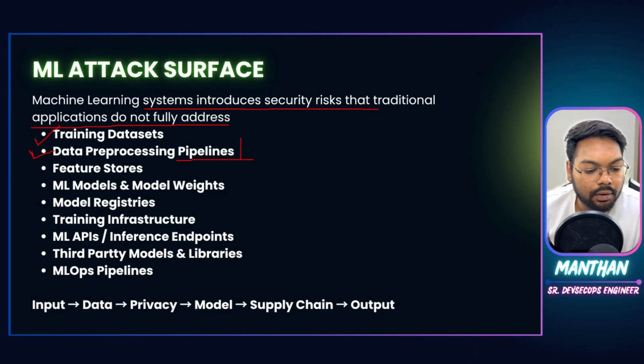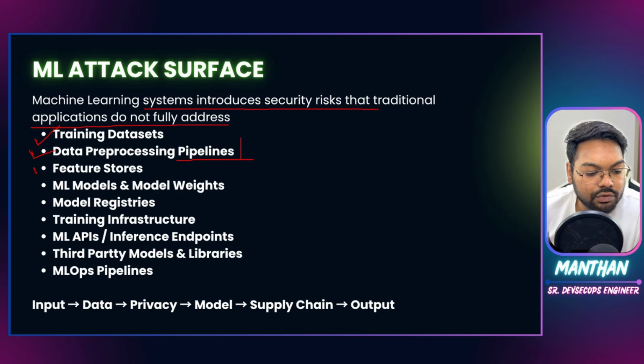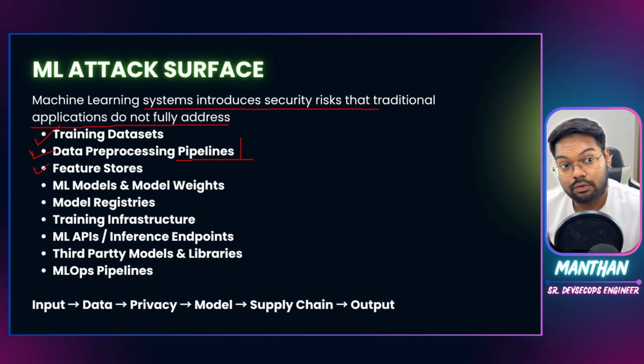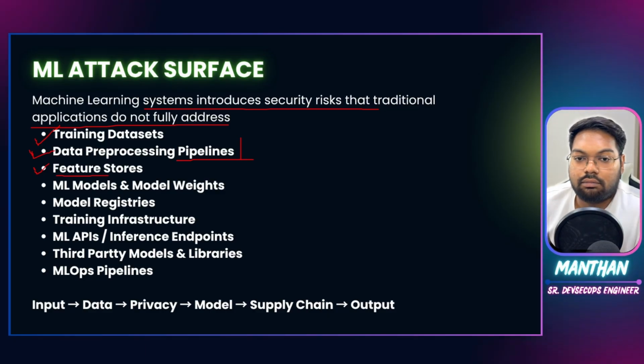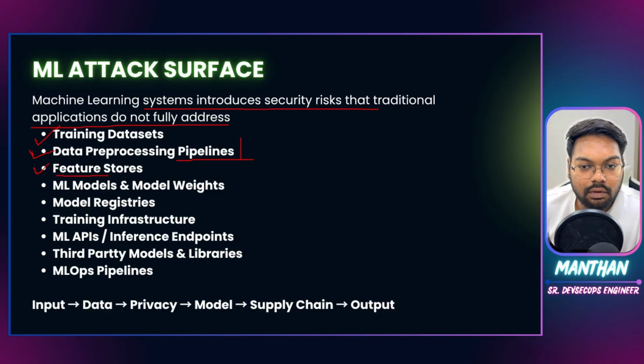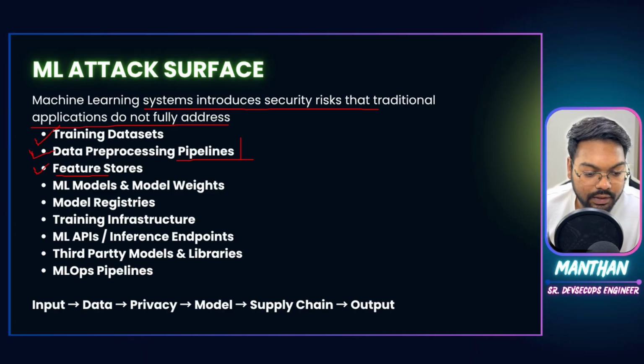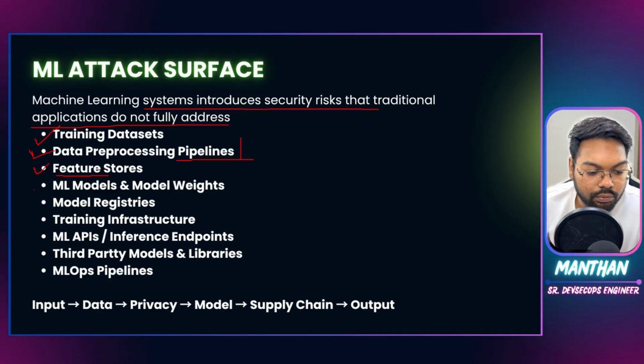So then there are different feature stores that are associated with the machine learning algorithms, and those could be manipulated, and then the features could be misleading and kind of inaccurate in that way. So then ML models and model weights.